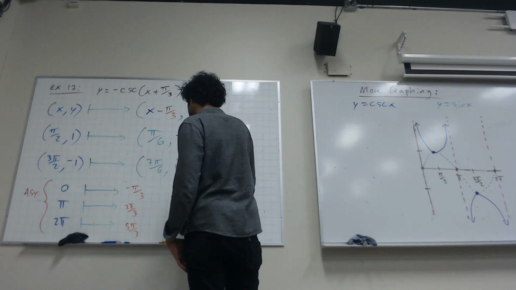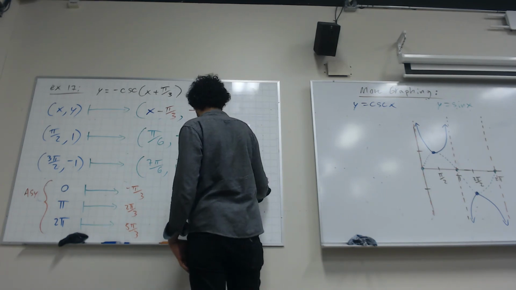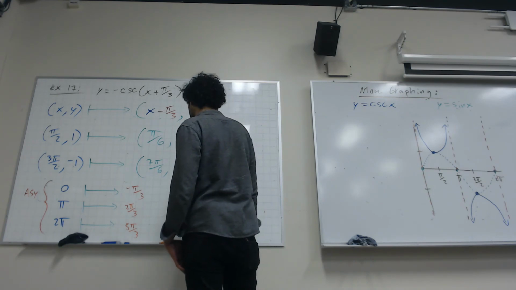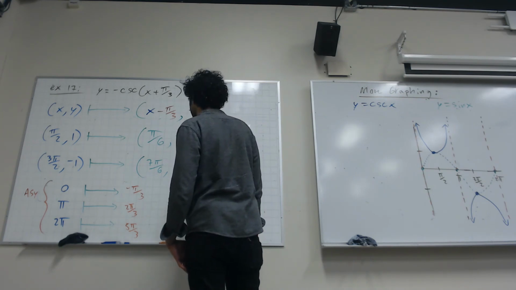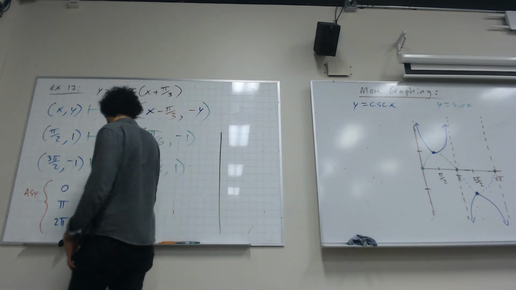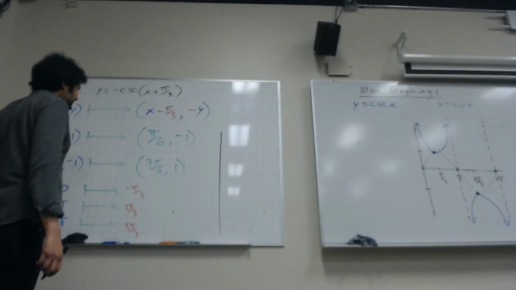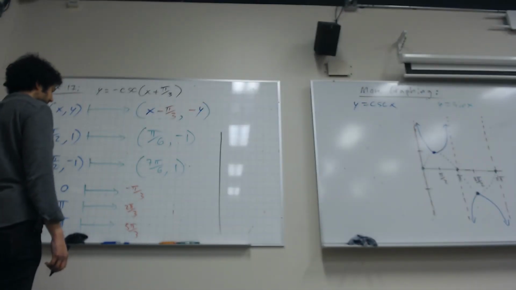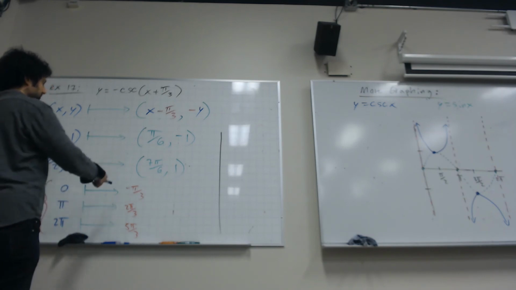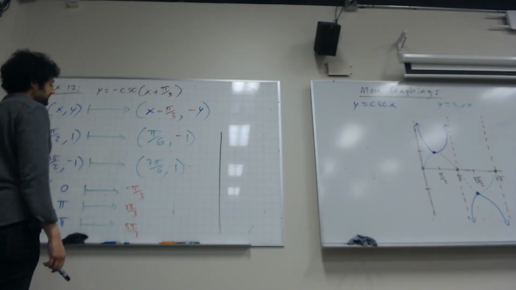So if that is negative pi over 3 to get there, it's 3 of those, and then 3 more. In between, I have pi over 6. Okay, so I need to figure out the spacing here. Negative pi over 3 and pi over 6, how many units apart are those?